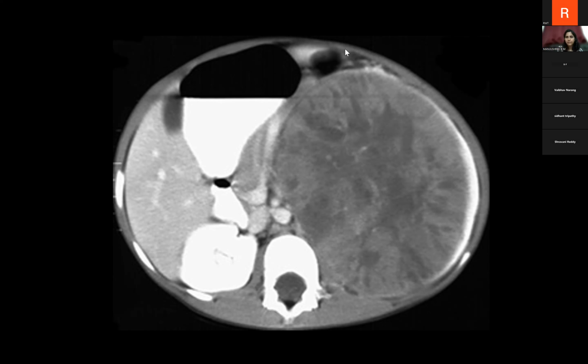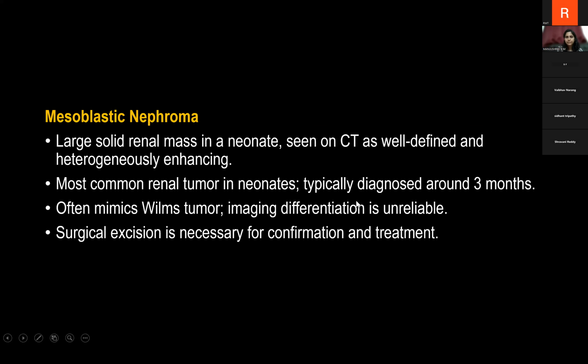It's mesoblastic nephroma. So it's a large solid renal mass in a neonate seen on CT as well-defined and heterogeneously enhancing. It's the most common renal tumor in neonates, typically diagnosed around 3 months. It often mimics Wilms tumor, so many of you have answered it as Wilms tumor only. Imaging differentiation is definitely unreliable, and surgical excision is necessary for confirmation and treatment. So in these cases, it's better to write both of them as Dr. Amir wrote.